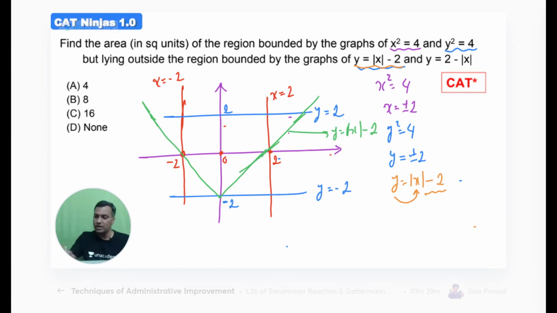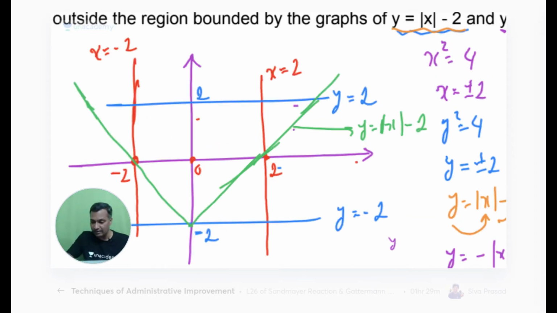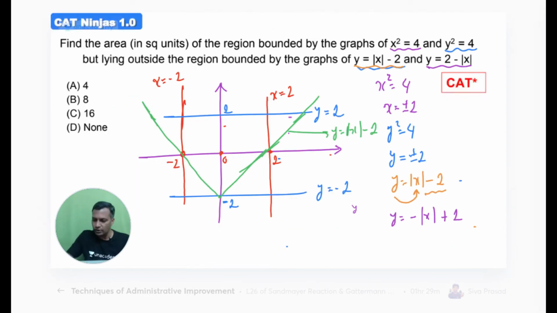Fair enough. Now what about y is equal to 2 minus mod x? In other words, y is equal to minus mod x plus 2. Whatever the earlier graph you had, put it backward.